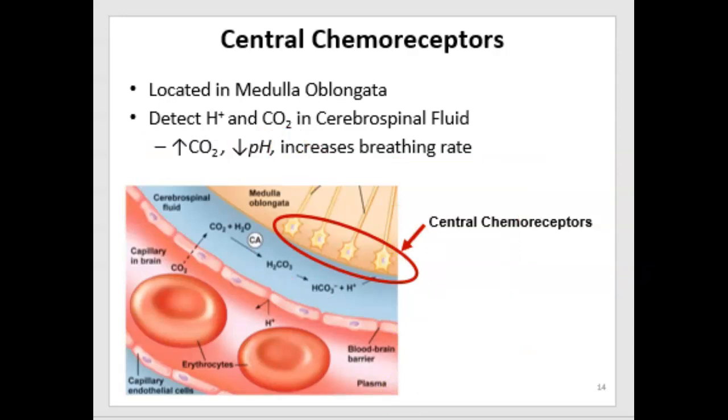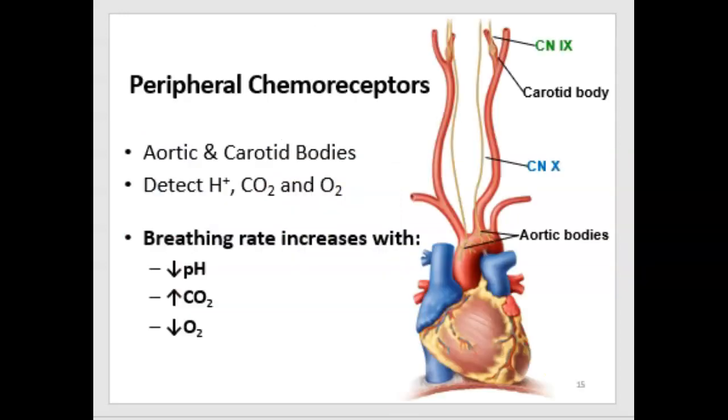The peripheral chemoreceptors work similarly, except I talked about the fact that since they're in the periphery and not close to the brain, the signals are going to have to be sent to the brain by these cranial nerves, cranial nerve 9 and 10. And these peripheral chemoreceptors are located up in the internal carotid artery and the aortic body.